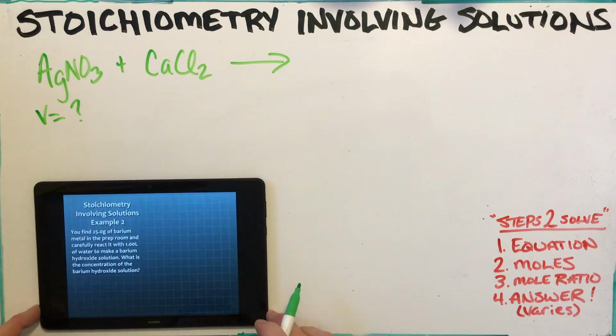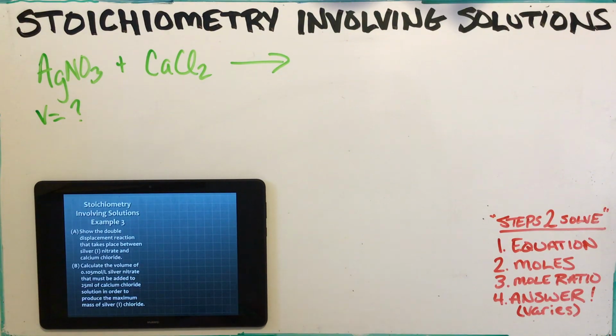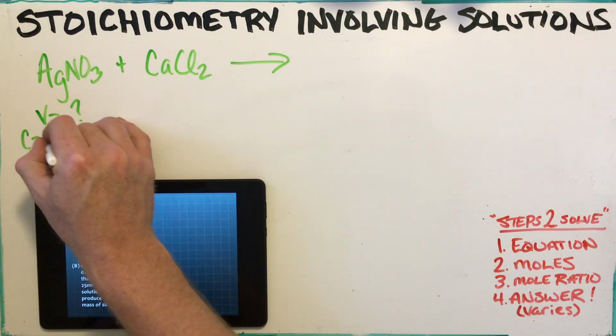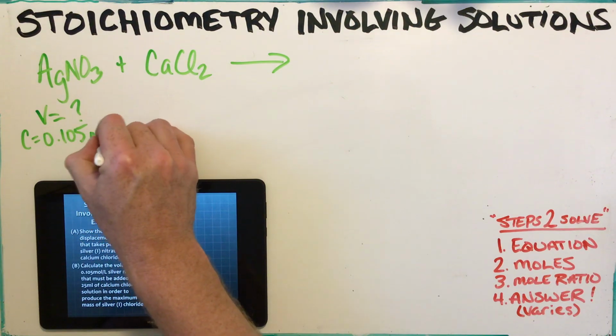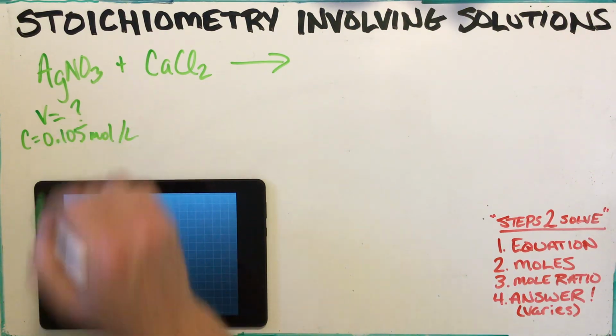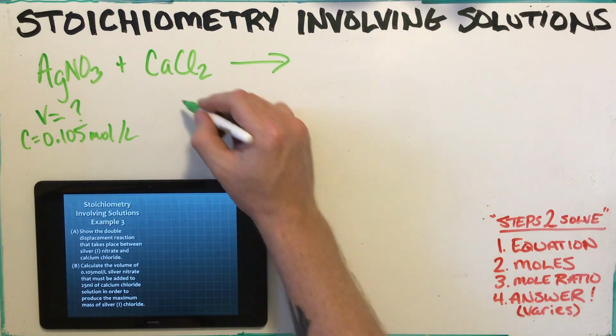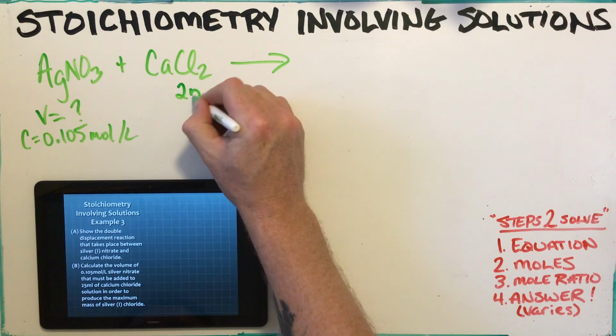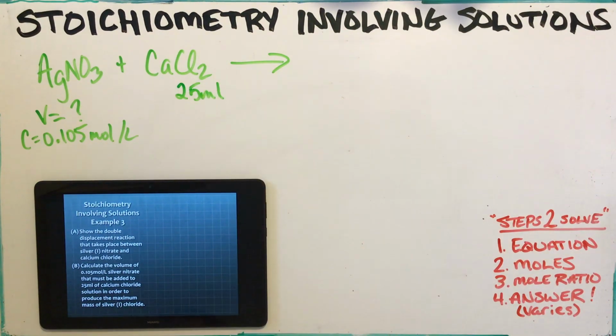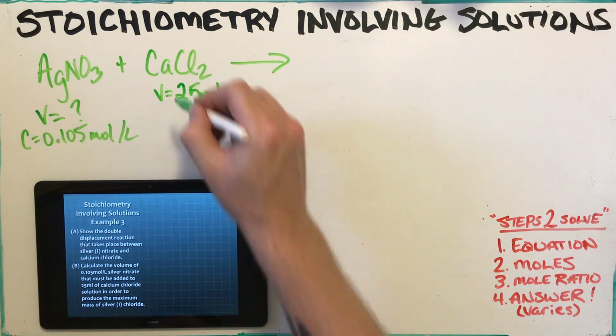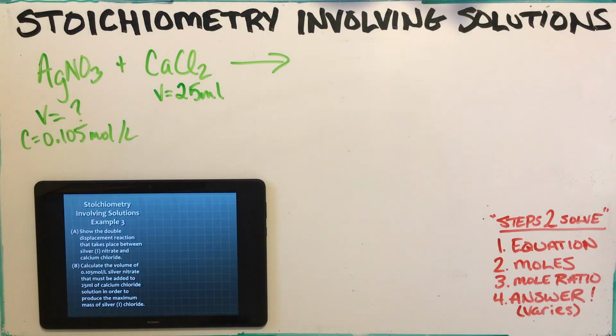And it says it's 0.105 moles per liter, so I have the concentration of it. That must be added to 25 mL, so that's a volume, milliliters is a volume, of calcium chloride in order to produce the maximum mass of silver 1 chloride.